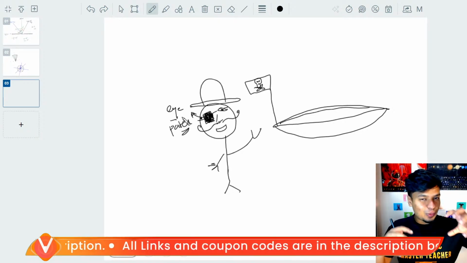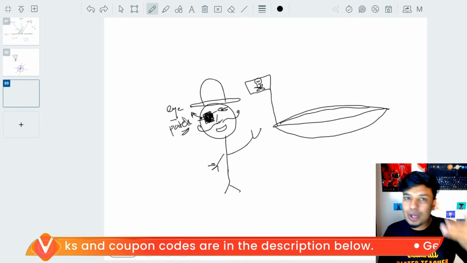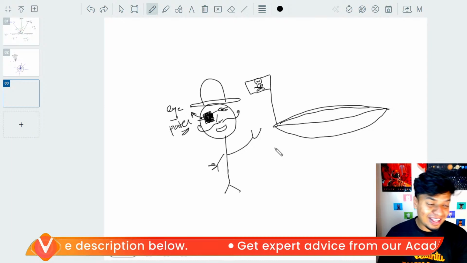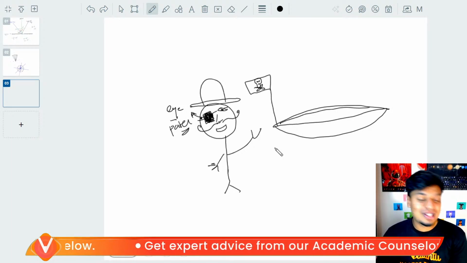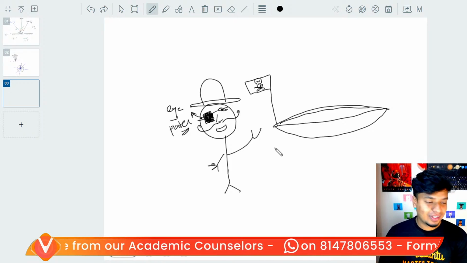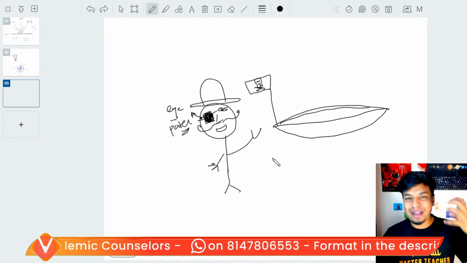Now, do you guys want to know why a pirate wears a patch on his eye? Many thought it was to scare people. Do you guys want to know? Okay, let's learn why he wears that patch.